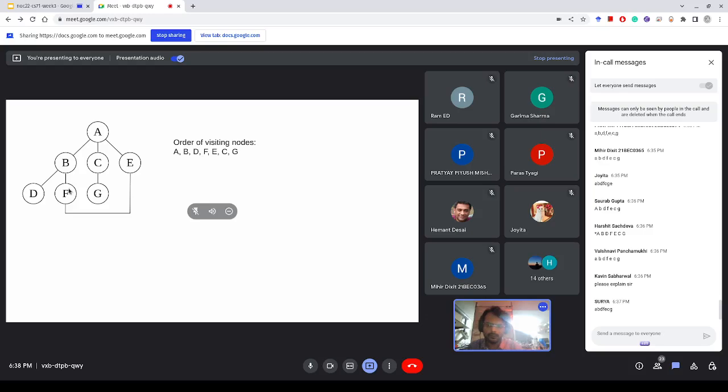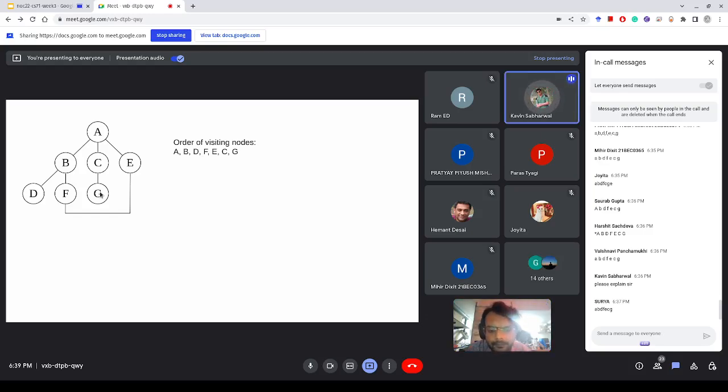If you are at F, then before traversing back to A and then to C, you visit all the nodes connected to F. So once you have visited B, you go to D, then F, and then E, and then you go back to A and then to C and G. If this part is not clear, you can ask me right now. So I had a doubt.